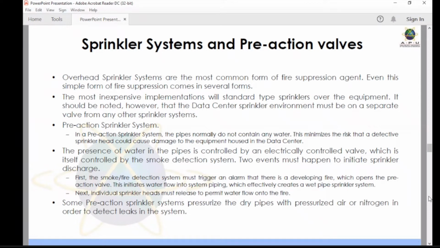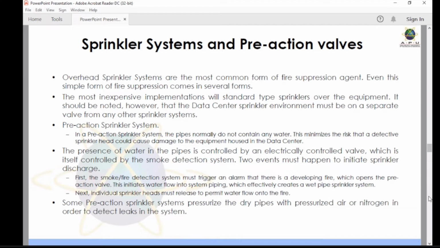Overhead sprinkler systems are the most common form of fire suppression agent. Normally, this type of water sprinkler system, okay, we don't use for equipment. It can cause serious damage. Even this simple form of fire suppression comes in several forms. The most inexpensive implementation is a standard type sprinkler over the equipment.